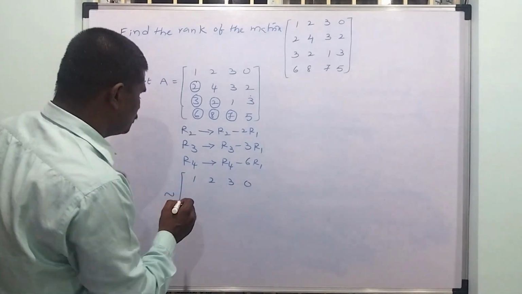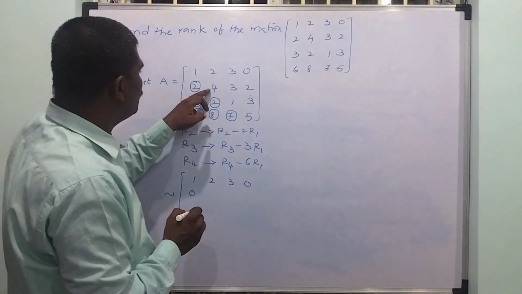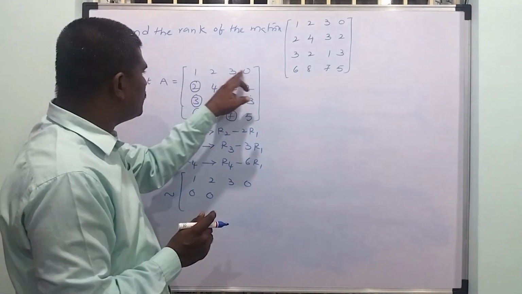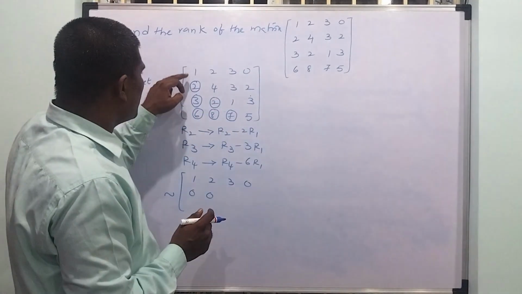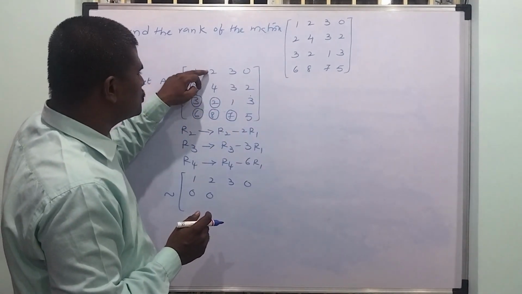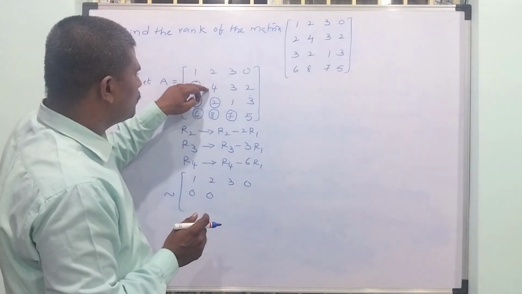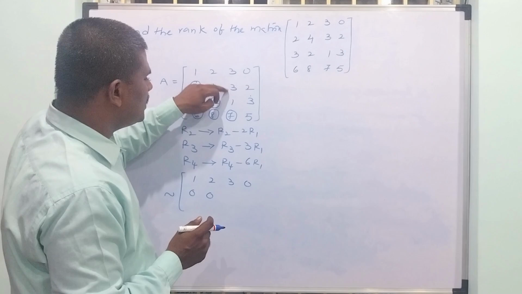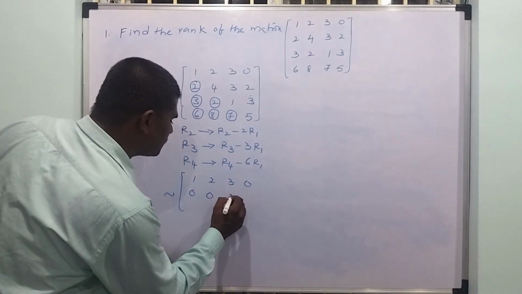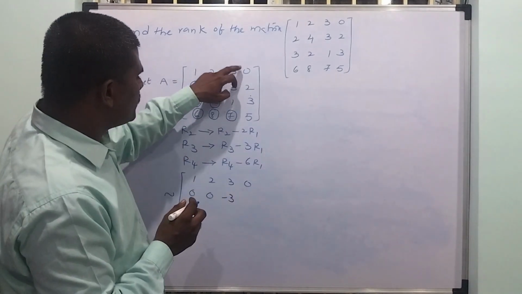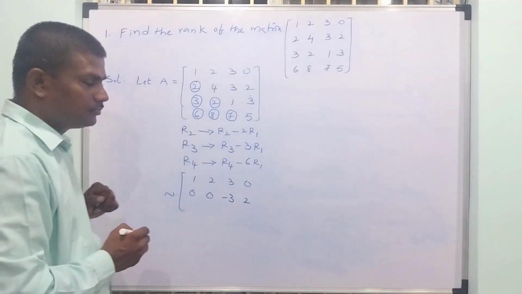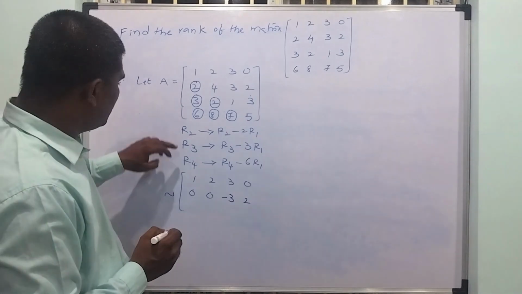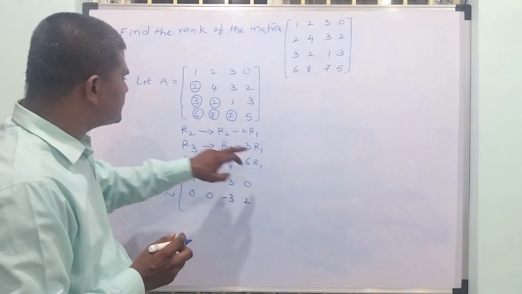Second row: 2 minus 2, 0. 4 minus 4, 0, because I am multiplying this row by 2. 2 minus 2, 0. 4 minus 2 into 2, 4. 4 minus 4, 0. 3 minus 3 into 2, 6. 3 minus 6, minus 3. 2 minus 0, 2.